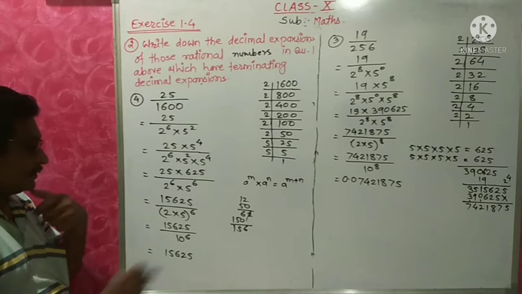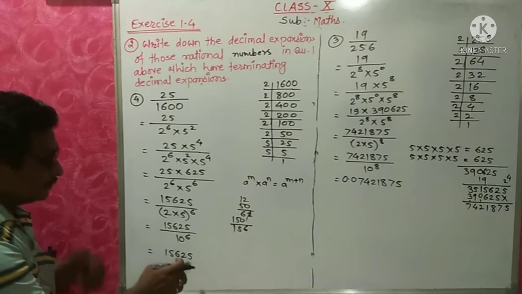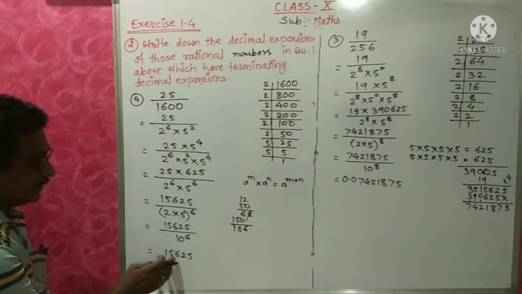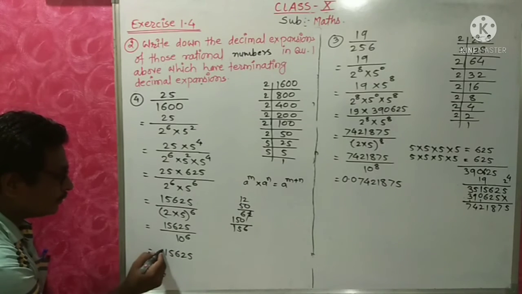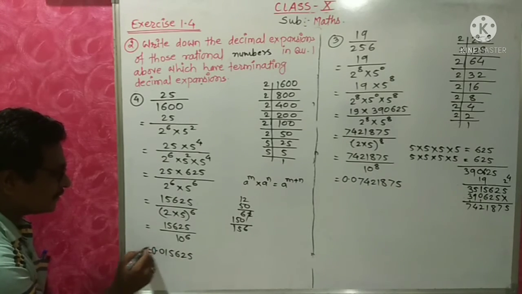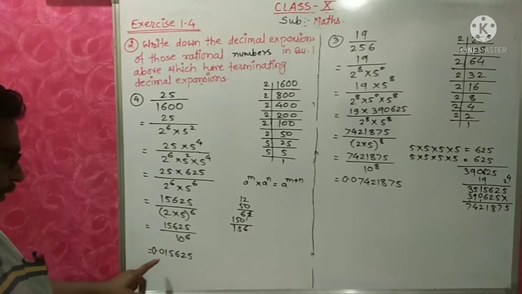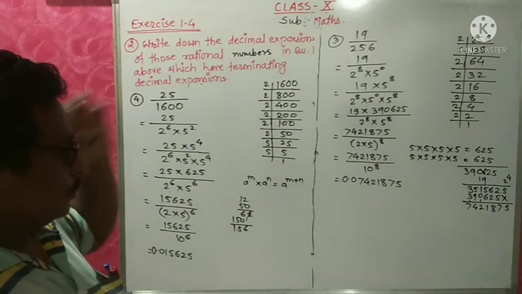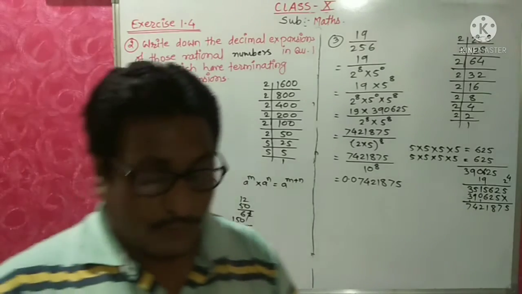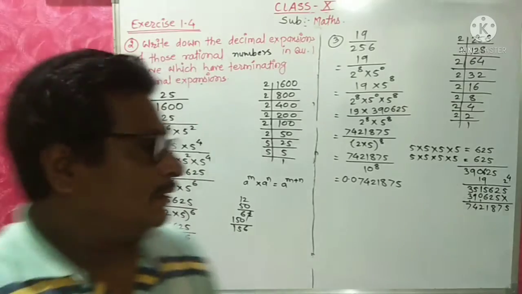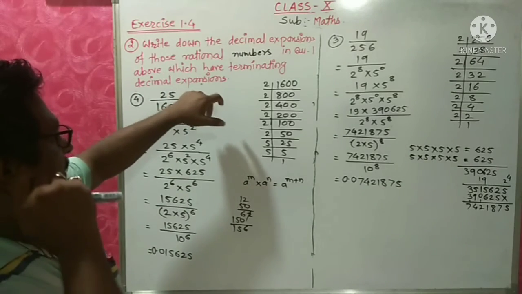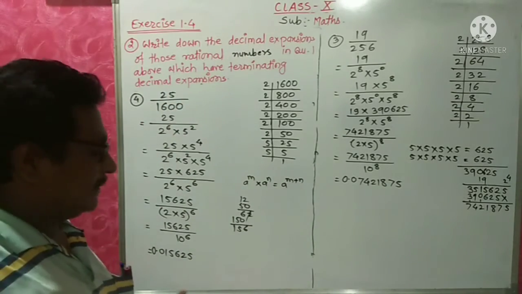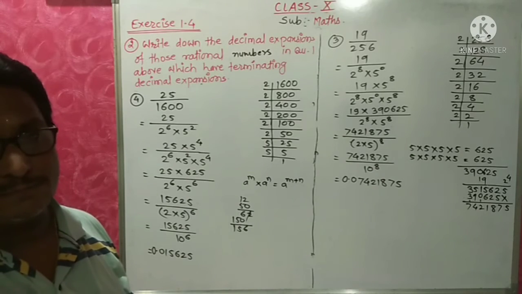Now the decimal point, how many digits? 6 digits. So 1, 2, 3, 4, 5, 6. So 0.015625. So I hope you understand, students, how to convert a rational number into a terminating decimal expansion.